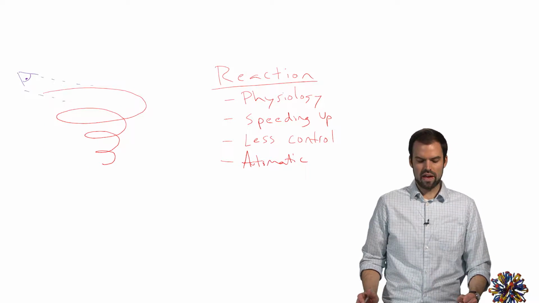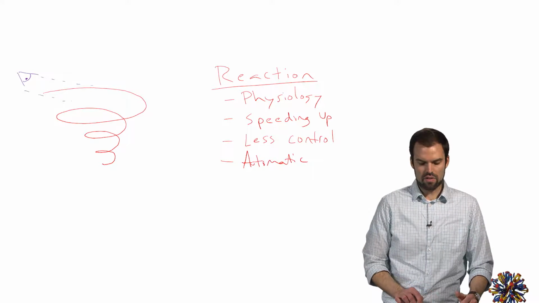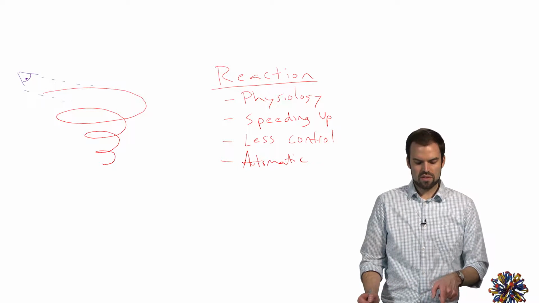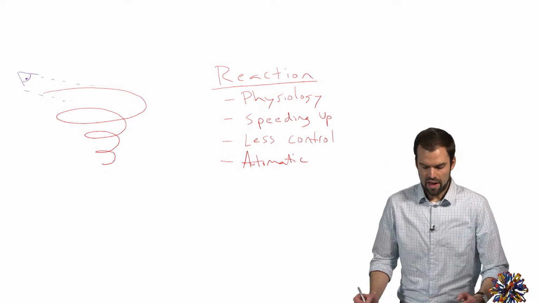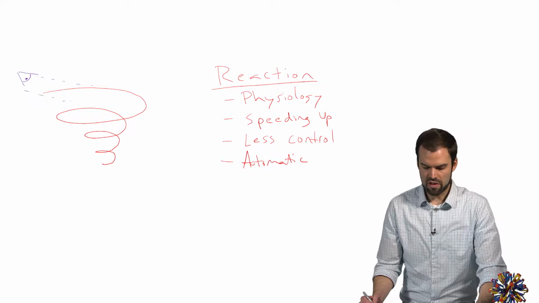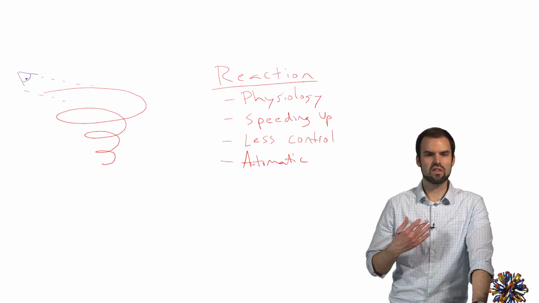So let's take a look at the reaction itself. What you'll see is I've drawn a spiral on the left-hand side of the screen. And this spiral is like the reactive pattern, the chain reaction that gets set in motion. And there are certain characteristics of a chain reaction, and you'll see them listed on the side. We'll start to feel it in the physiology.